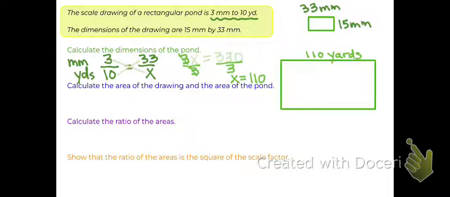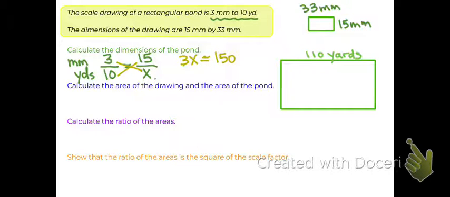Now let's do the same for 15 millimeters. Again, same scale, 3 millimeters is 10 yards. Now where does the 15 millimeters go? It goes in the top. And then we don't know how many yards it is, so that's our x. So when we cross multiply to solve this proportion, we get 3x equals 10 times 15, which is 150.